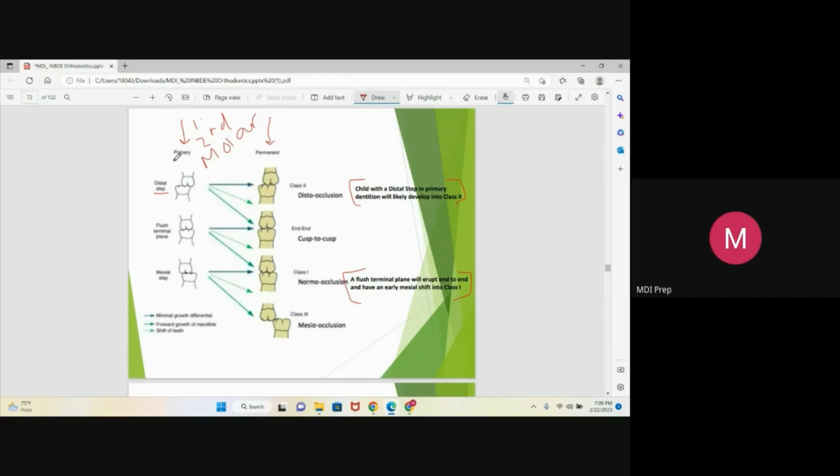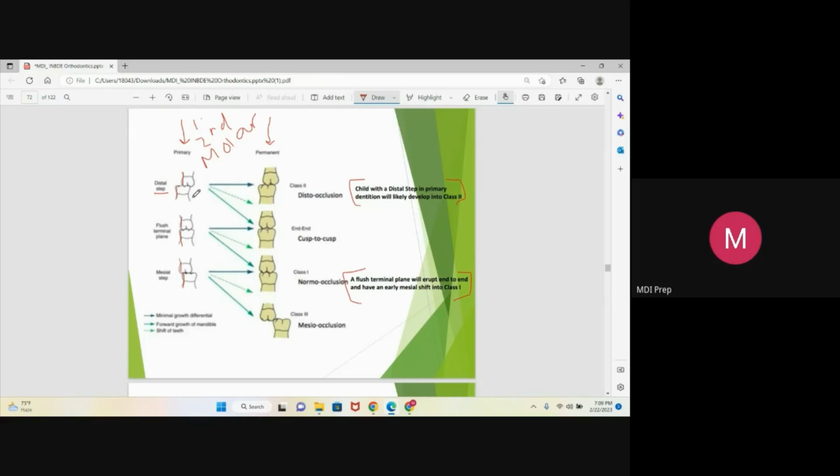So if we're looking at our primary second molars here on this column, what I do to determine the step classification is I draw straight lines on what's deemed a terminal plane, not flush necessarily, but a terminal plane. And that's the most distal surface of these primary second molars.